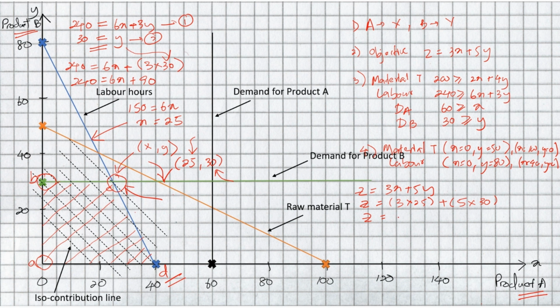So the maximum contribution that the company is going to make is $225. And another important thing to note here, they are going to produce more of the profitable product because product B has the higher contribution, which is $5 per unit. And they are going to produce less of the less profitable product because product A has only $3 per unit contribution.